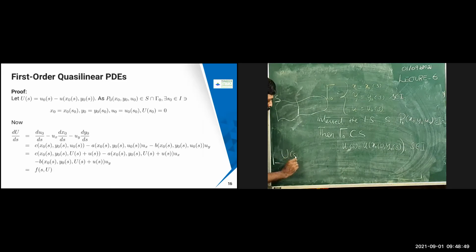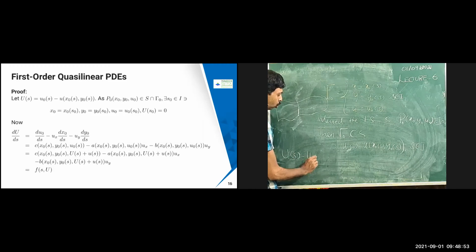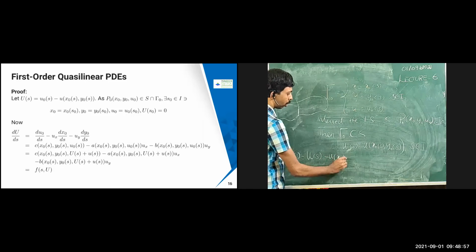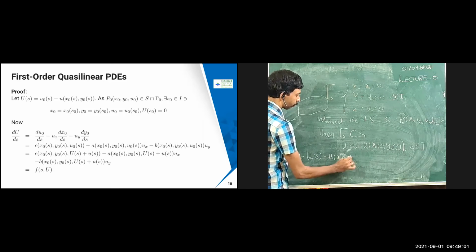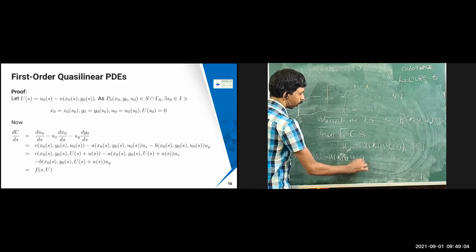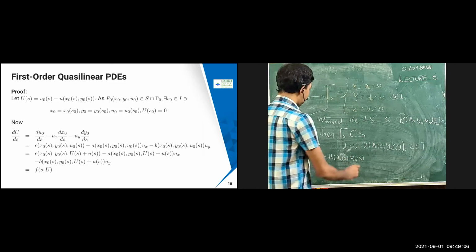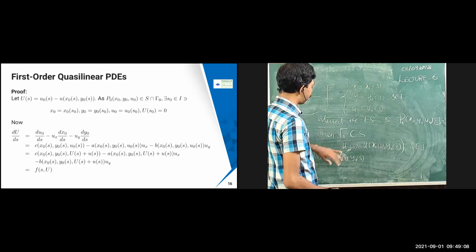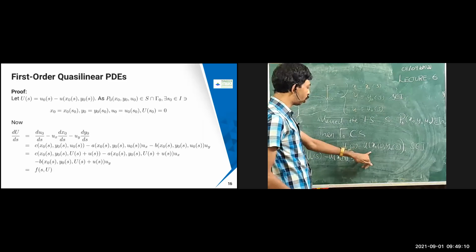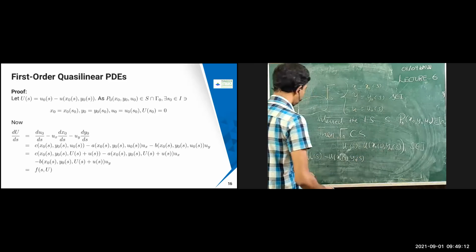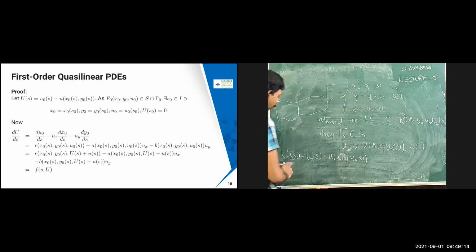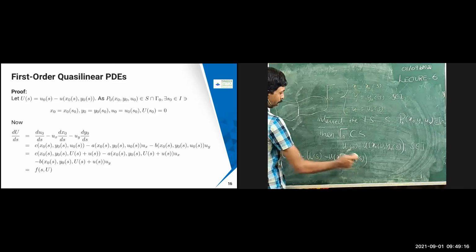I'm just defining some function. U of s equal to u naught of s minus u of x naught of s comma y naught of s.